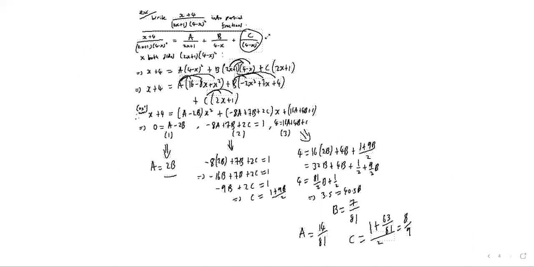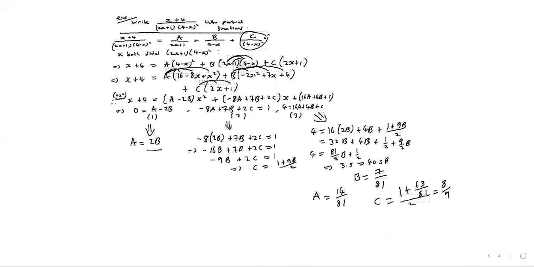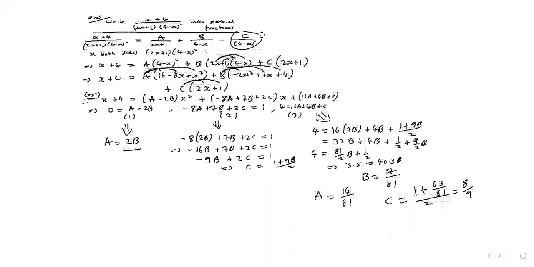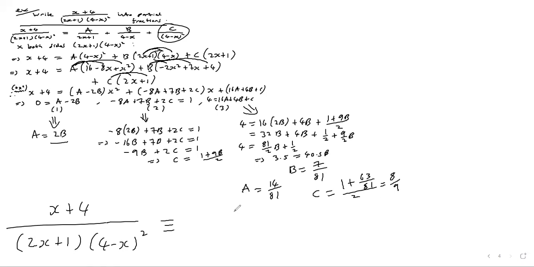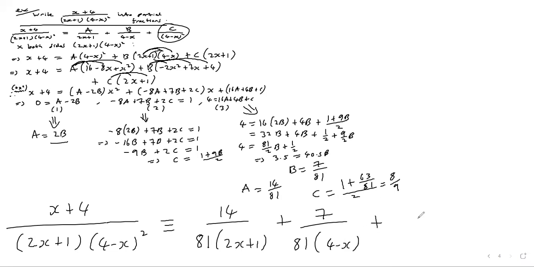So now we know our partial fraction decomposition. It means that x plus 4 over 2x plus 1 times by 4 minus x all squared is exactly the same as a over 2x plus 1, so 14 over 81 times by 2x plus 1, in addition with b, which in this case is 7 over 81, divided by the 4 minus x, and then plus finally the c value, so 8 over 9 divided by 4 minus x all squared.